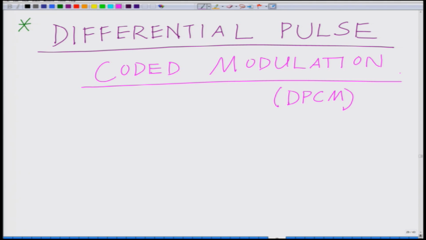And this is based on the principle that, for instance, natural signals such as video signals and audio signals have a very high level of correlation. So, rather than encoding the samples similar to delta modulation, one can encode the differences between the samples, but it is more sophisticated than delta modulation.